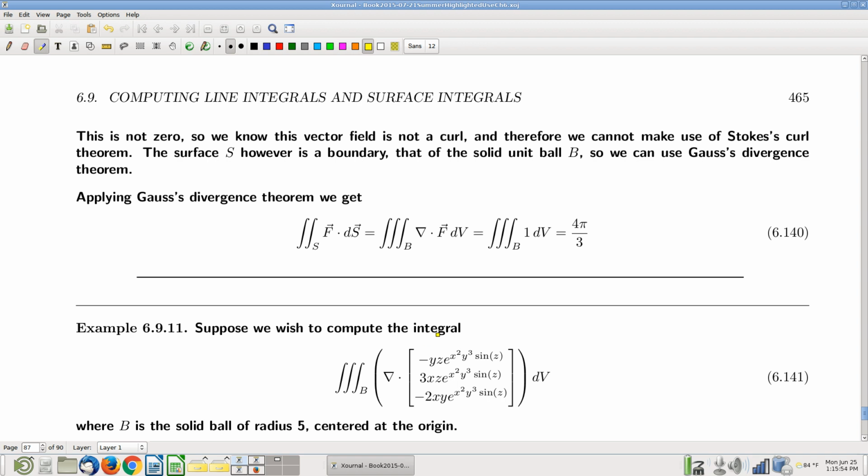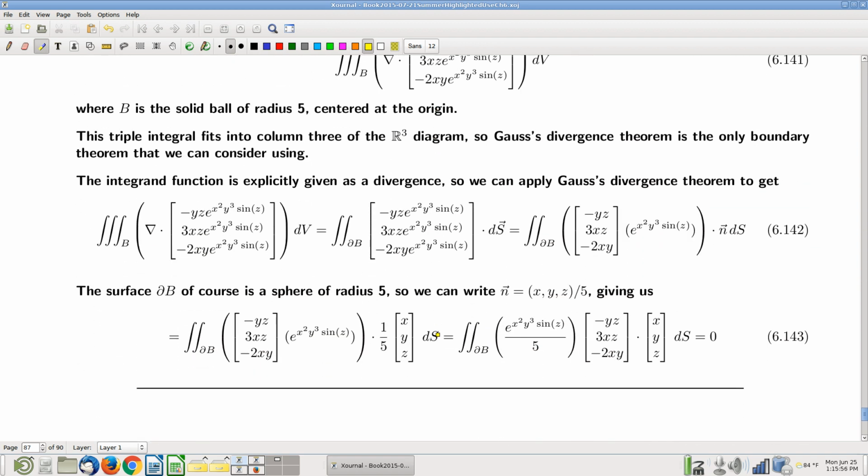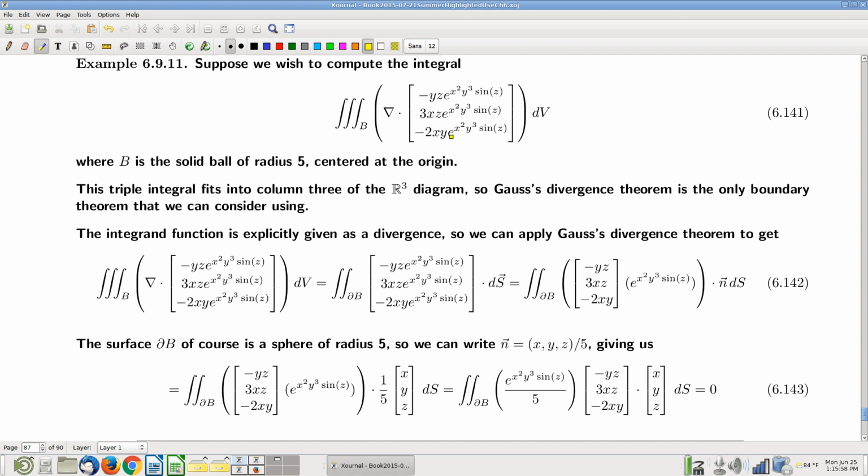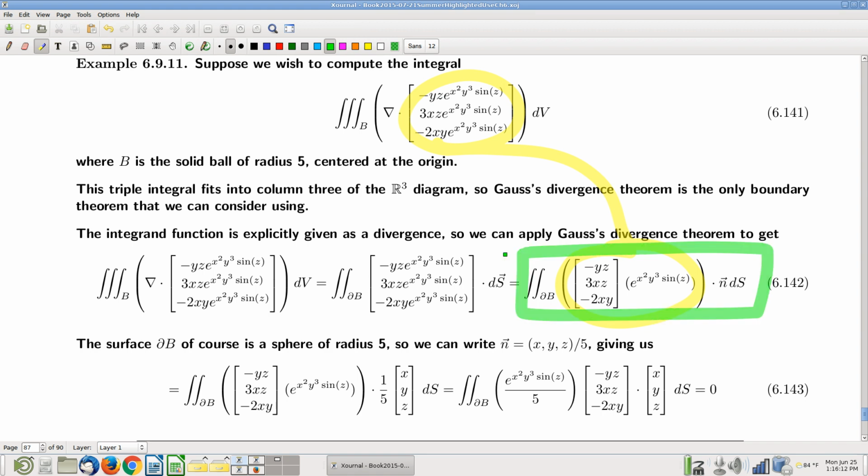Our vector field, the one whose divergence we were doing a triple integral of, we are now doing a flux of it. And then you might think to yourself, well, this still looks pretty nasty because now I've got to parameterize the sphere, and there's some trig in there, and it could be annoying.